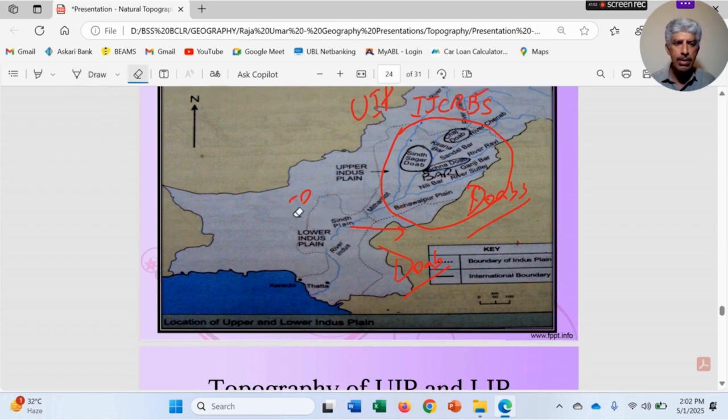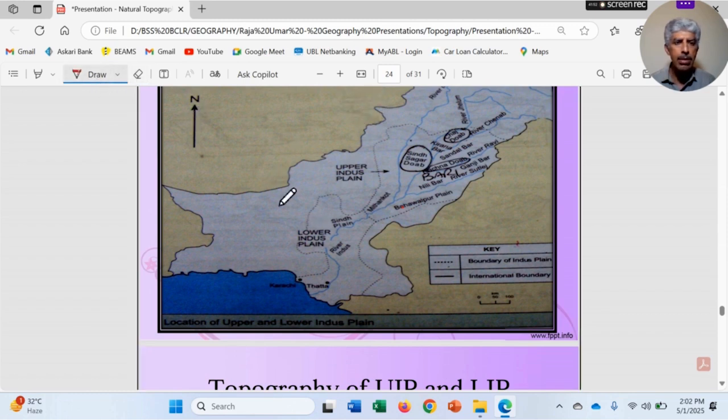So cuesta is the land feature in Lower Indus Plain. Whenever there is a sharp slope on one side and a gradual slope on the other side of the land, this region is known as cuesta.